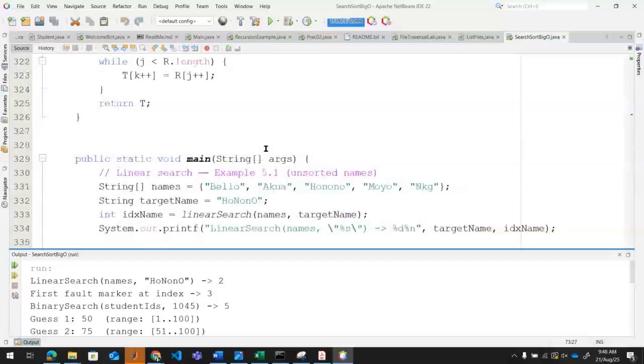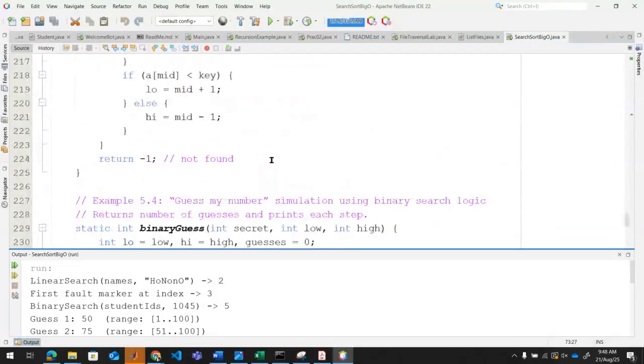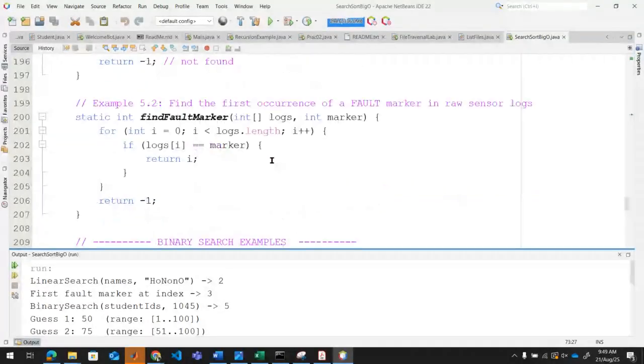Example 2 is the binary search option, which is 5.2. So here, find the first occurrence of a fault marker in raw sensor data. So we have some sensor data that returns 1, 2, 5, -4, -5, but we intentionally included one that's -999, so a large number.